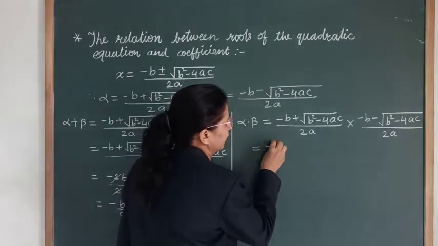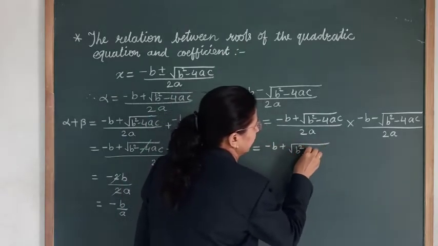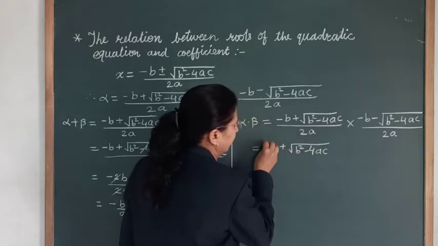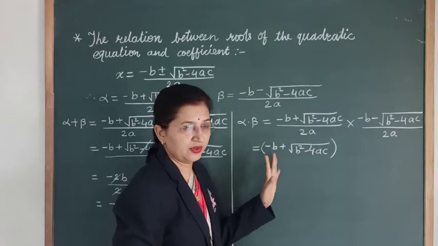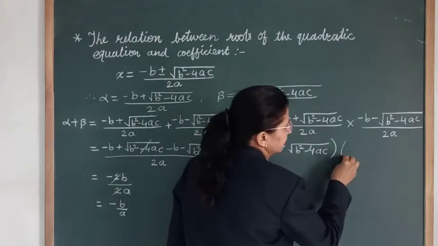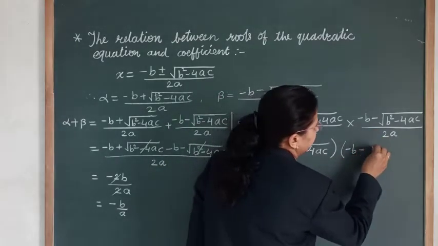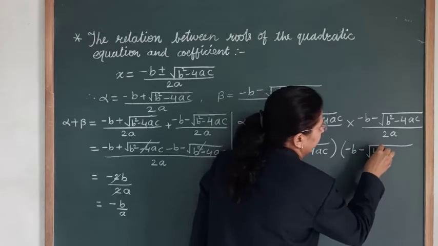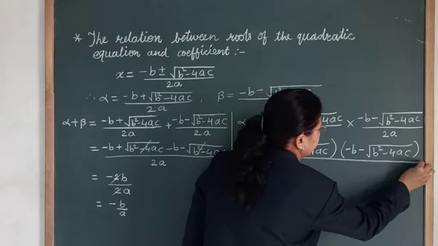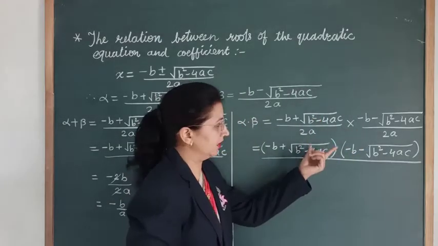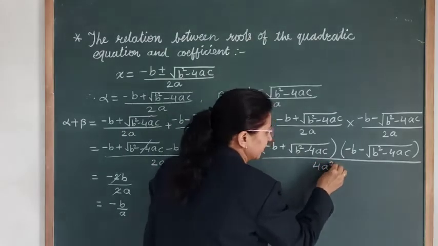Let's write down the numerators: negative b plus under root b square minus 4ac, into, in another bracket, negative b minus under root b square minus 4ac. So we have written the product of numerators, and in the denominator 2a into 2a, that is 4a square.